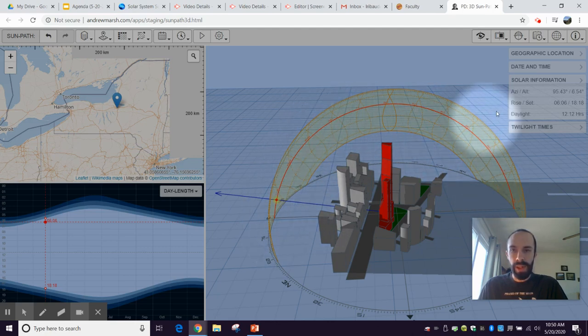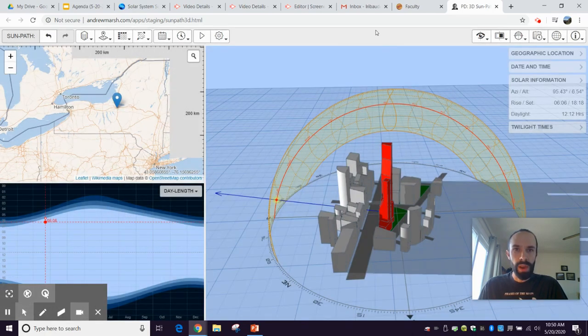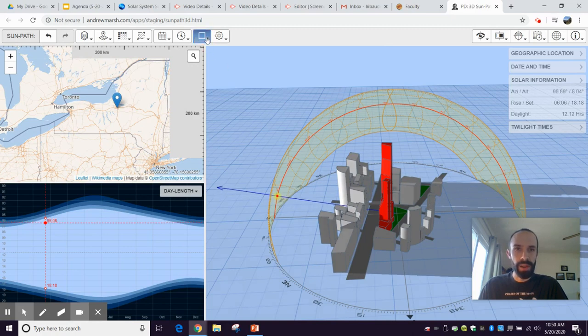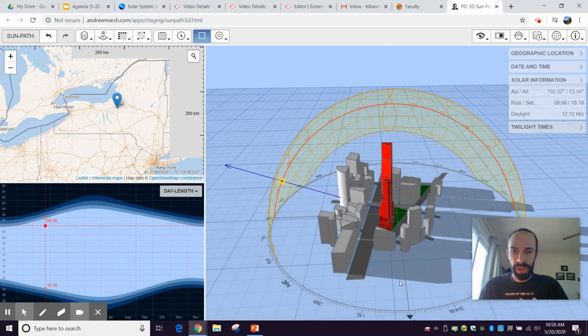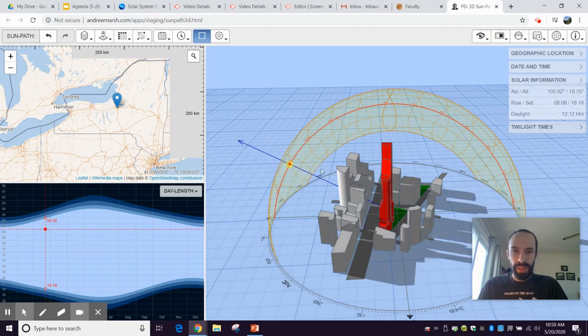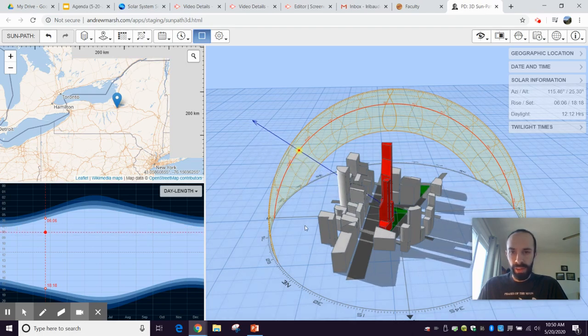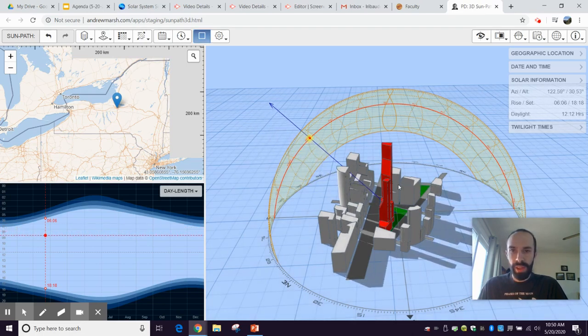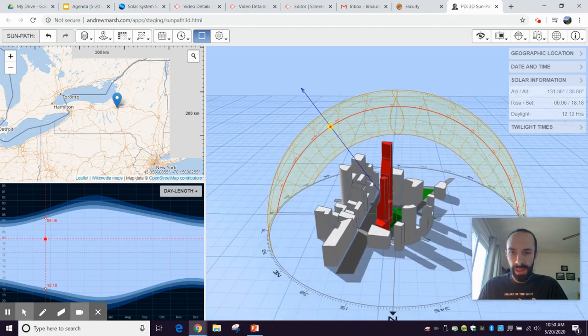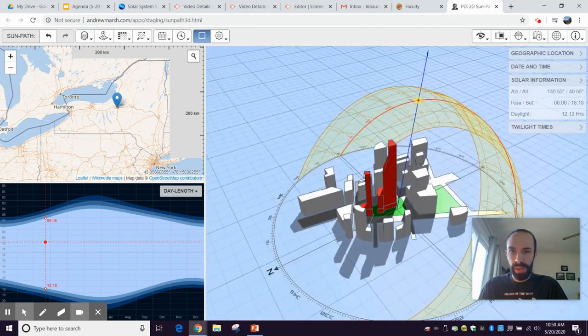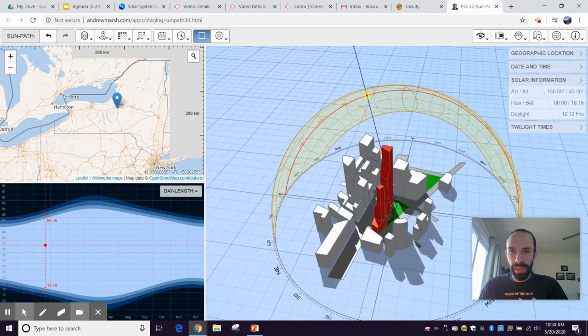And you'll notice as the sun goes across the sky, it's going to change the shadow on the ground. And I want you to notice where that shadow is located at different times of the day. So here it is, the shadow is getting shorter and shorter and shorter as the sun gets higher in the sky. Okay, and you can kind of see how that shadow is being made by the sun.